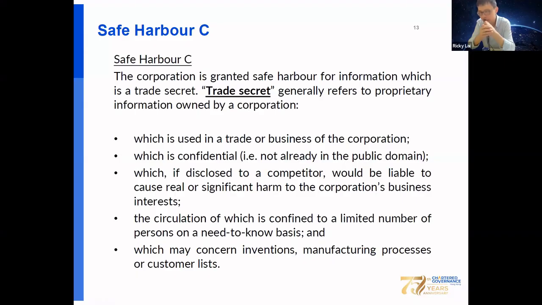Because of the nature of the trade secret, its circulation is confined to a limited number of persons on a need-to-know basis. Trade secrets also concern inventions, manufacturing processes, or customer needs. So long as these intangible assets and IP fulfill the elements of a trade secret, then the company may be granted safe harbor C.